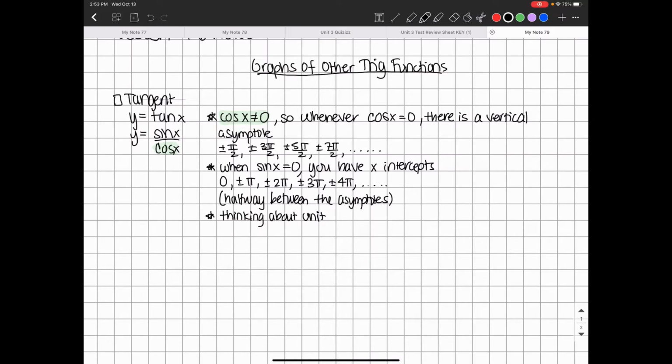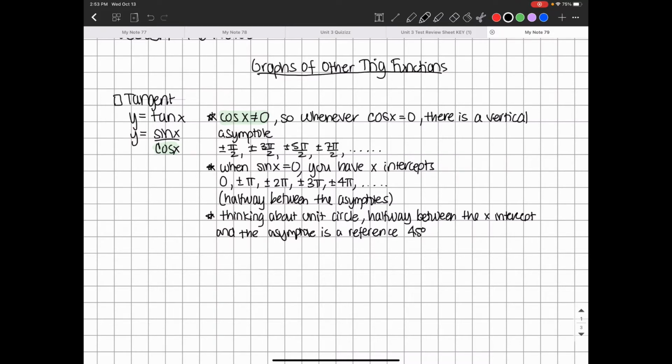So if I think about the unit circle, halfway between the x-intercept that I have and the asymptote is a reference 45 degree angle.